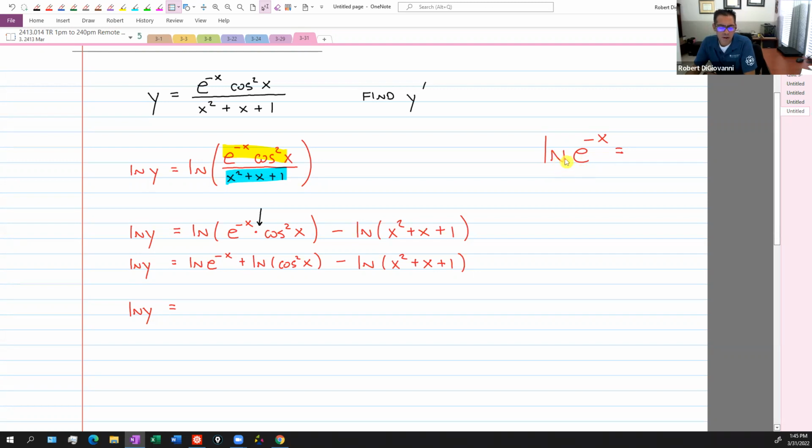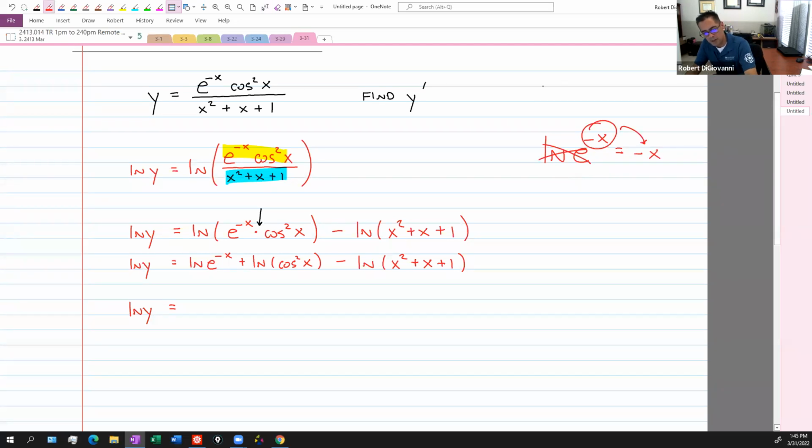Aren't natural log and e inverse functions of one another? Isn't that the whole idea? If you did natural log of e to the negative x, it would undo it. It would get rid of it. So when you put natural log and e together, they kill each other off, and this just falls out and becomes your answer.